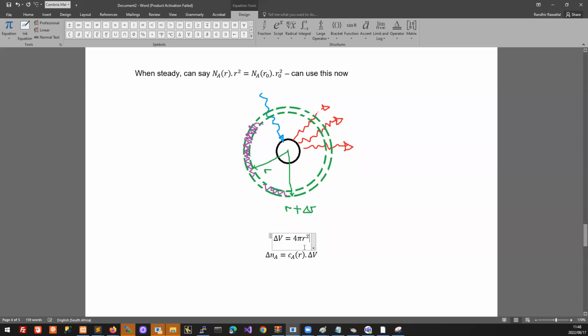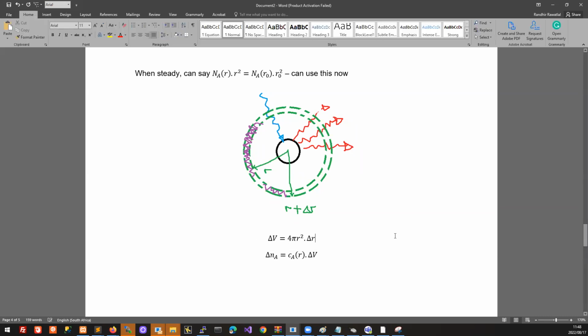That's the inside area, so at position R, that's the area of a sphere, right? The area of the sphere times the thickness of the sphere, which is delta R. So that's your delta V.